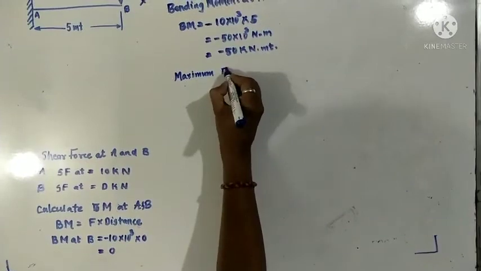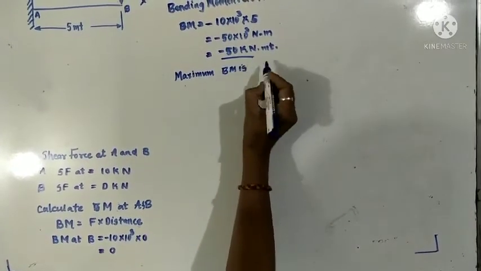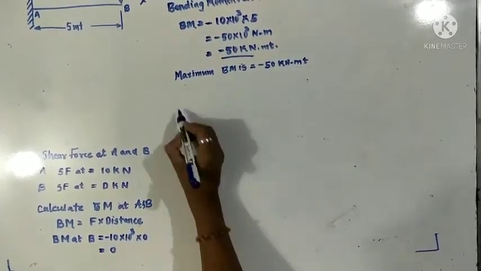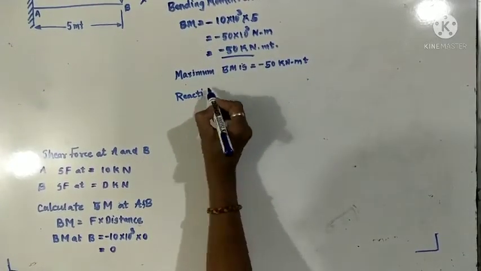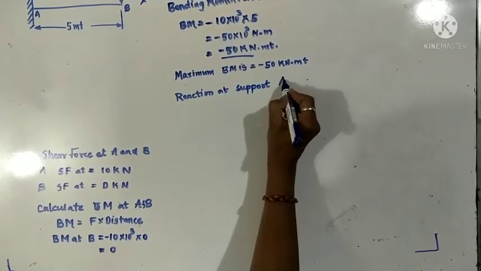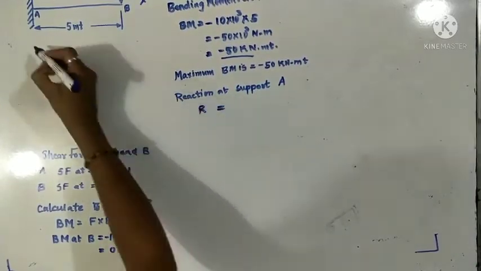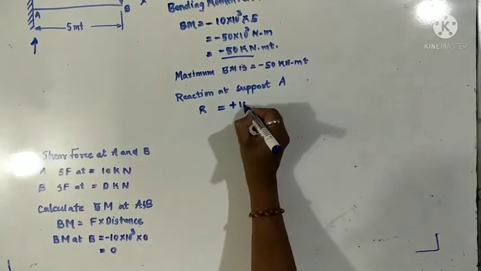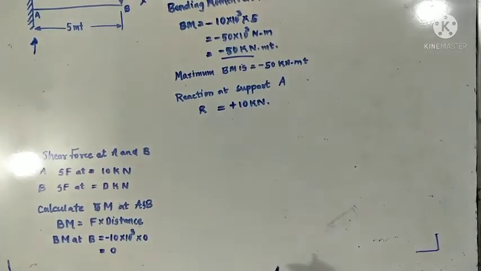In this problem, the maximum bending moment is minus 50 kilonewton meter. Whereas the reaction at the support is upward direction, so it is positive 10 kilonewton.